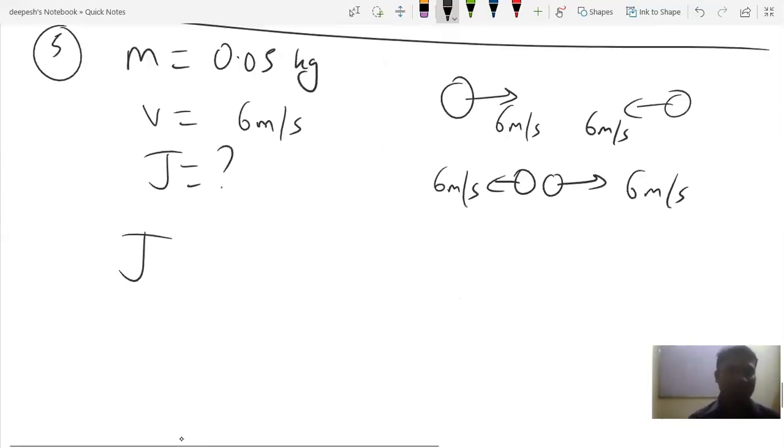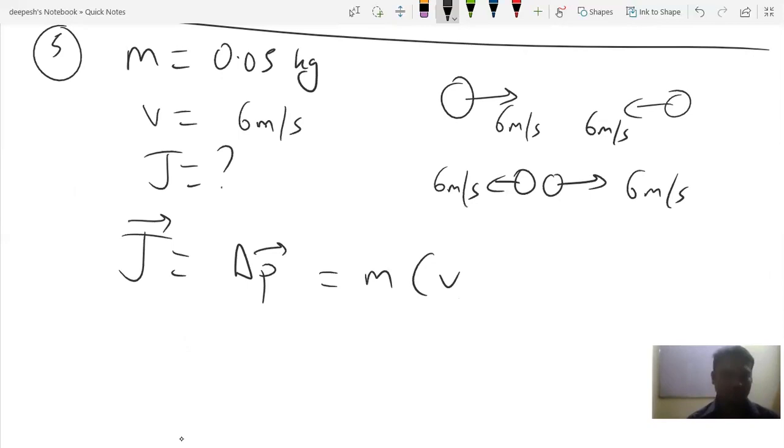Impulse, we know, is given as change in momentum, so m into v minus u. Let us find the change in momentum.